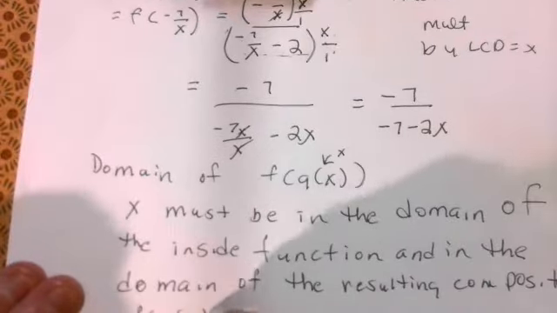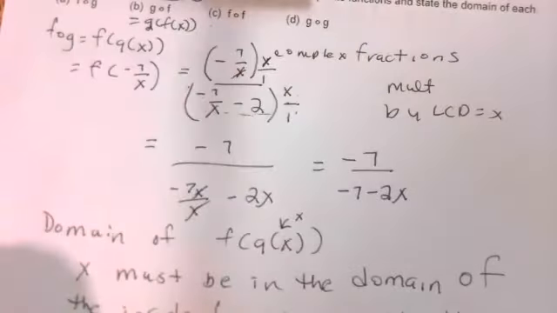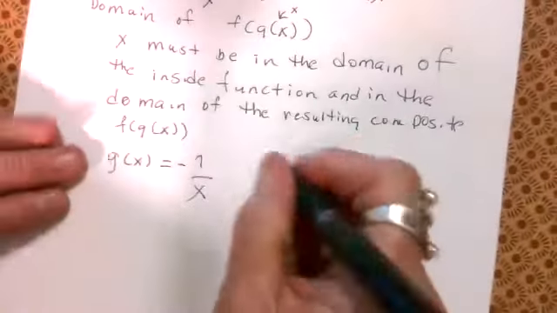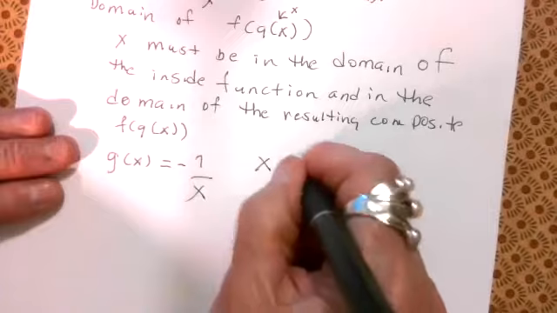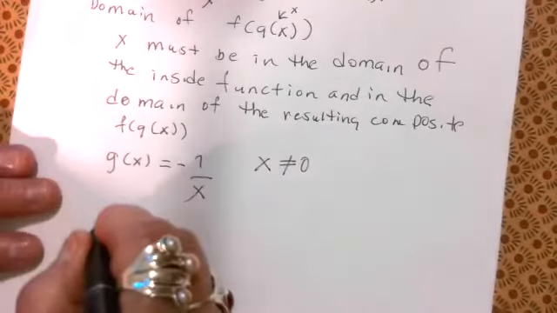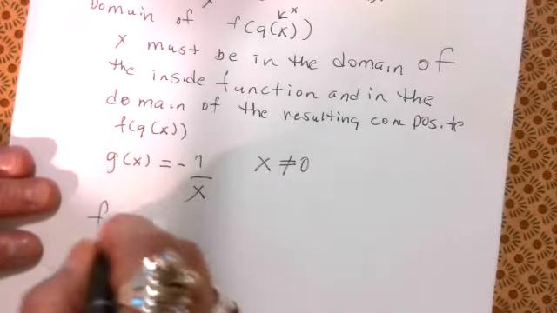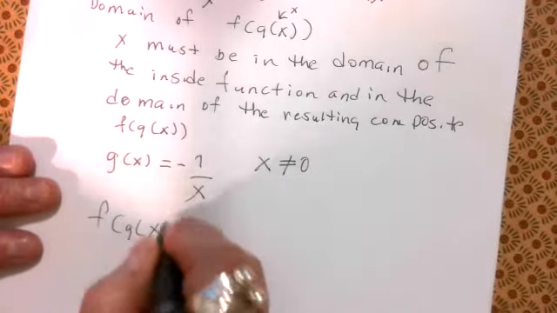So you see, the inside function g of x was equal to negative 7 over x. So the domain of this function is x can't be equal to 0. Then the resulting composite, we got this function.